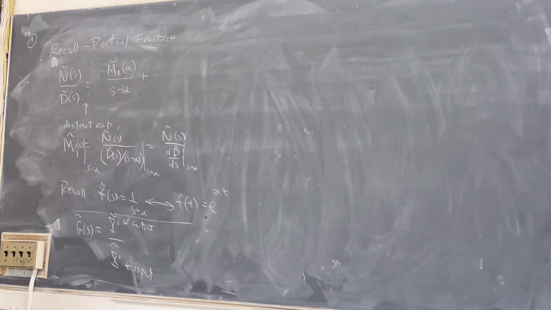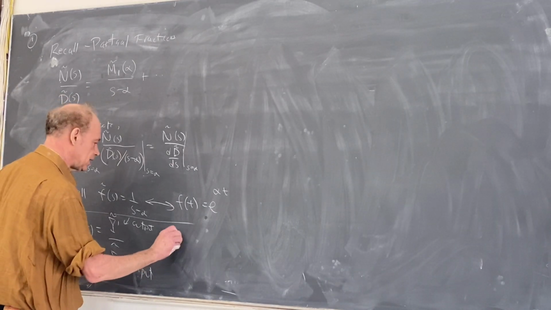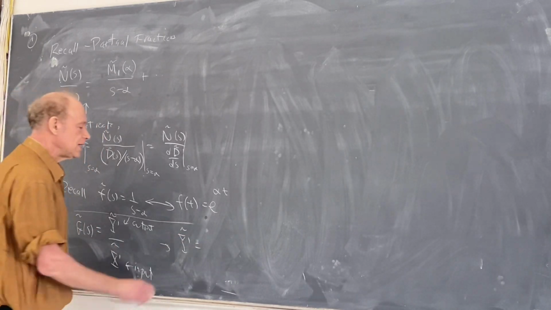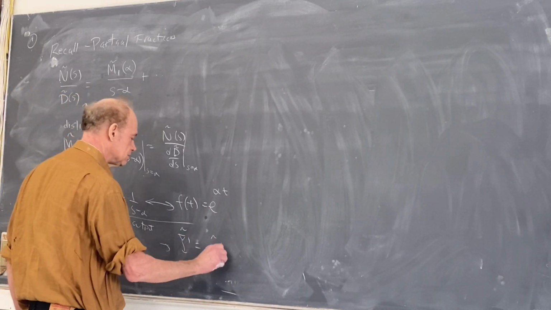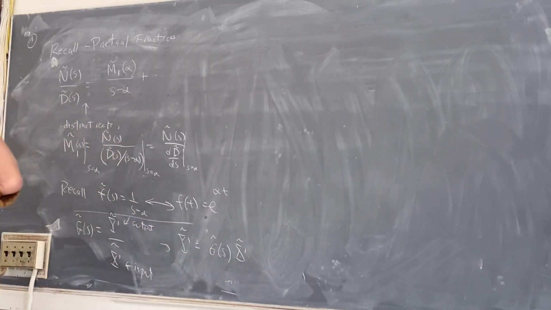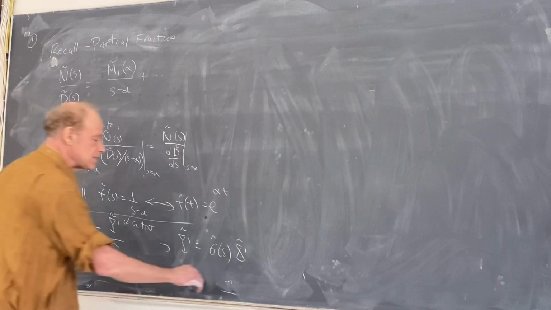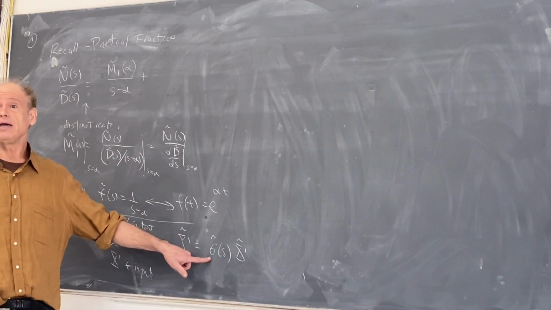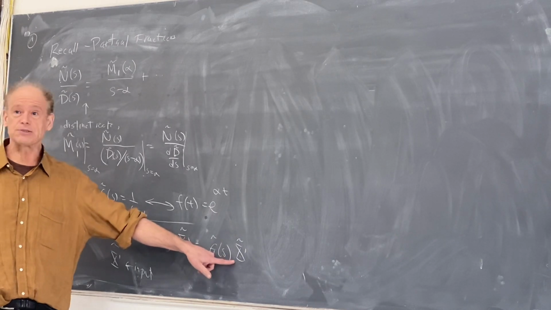So if I'm interested in y prime tilde, it is g tilde of s times x prime tilde. So I have my transfer function times x prime tilde.